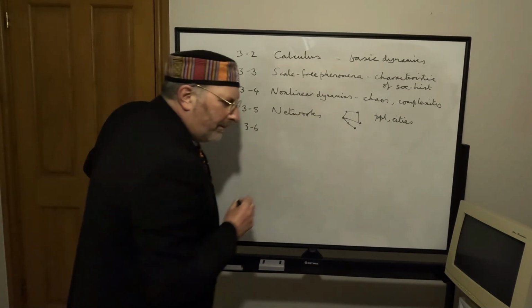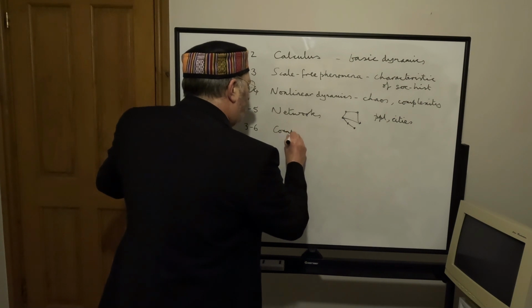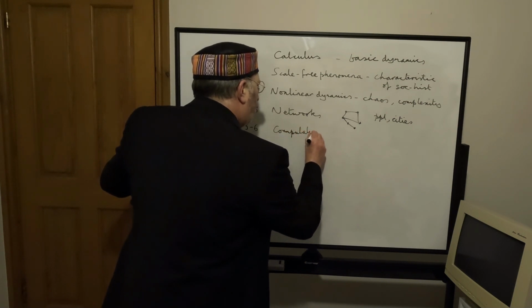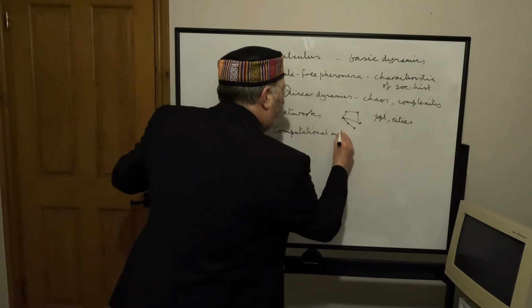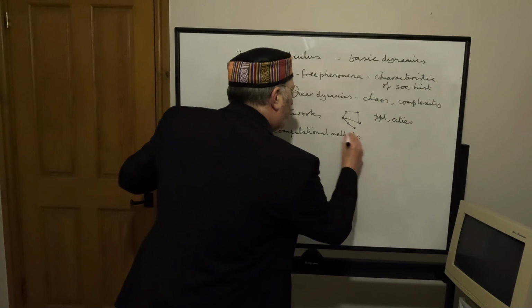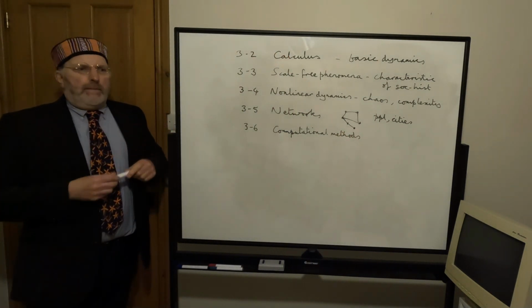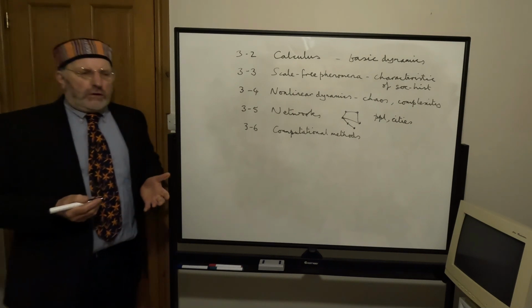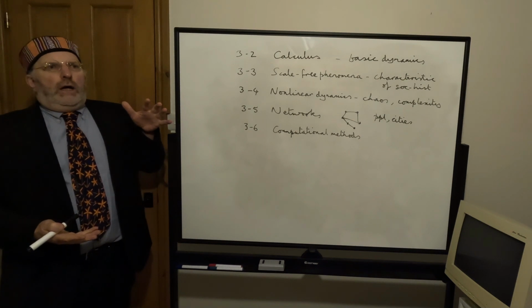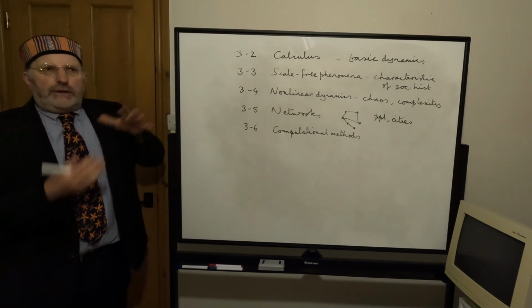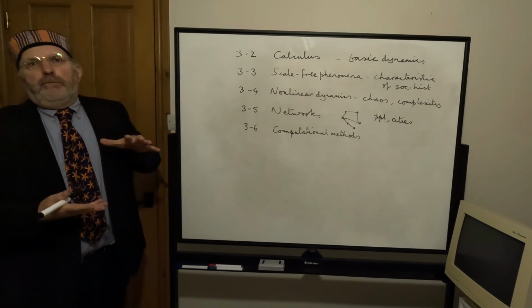The next one will be all about computational methods. So it may happen in the kinds of systems we're going to look at that the equations describing the system are so large in number, there's so many of them, that we can't actually solve them.